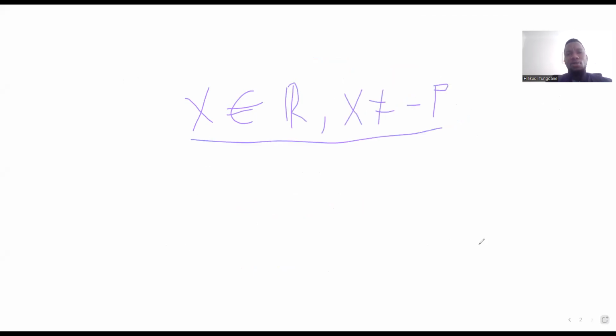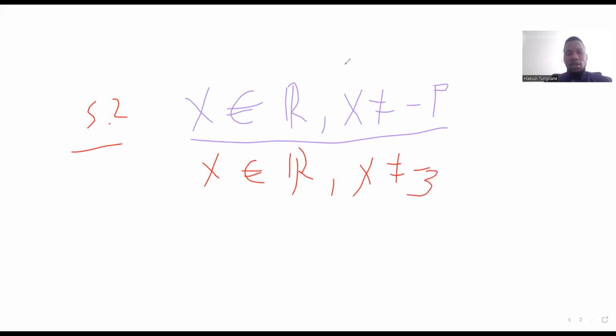So in other words, x cannot be the asymptote. In this case, our p is minus 3, so the domain for this function for 5.2 is x is an element of all real numbers, but x cannot equal 3, right? Because it's going to be minus 3, which is our asymptote.